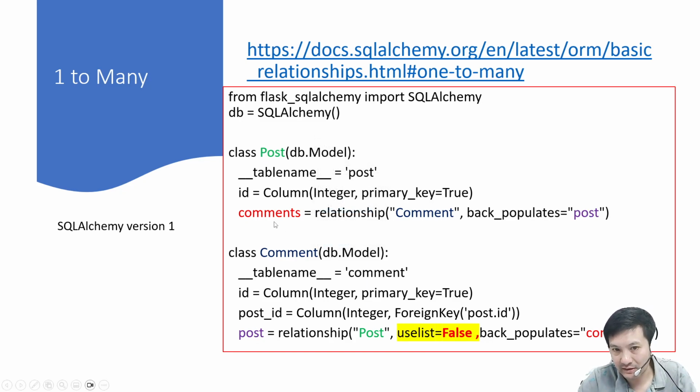But you see that comments and posts don't have the typo here. Then, very similar to this one, you need to set up a foreign key. The comment must have a valid post ID, so you need a foreign key constraint, and the column is the post ID column. You see here and here. Okay, this is how to model the one-to-many relationship.